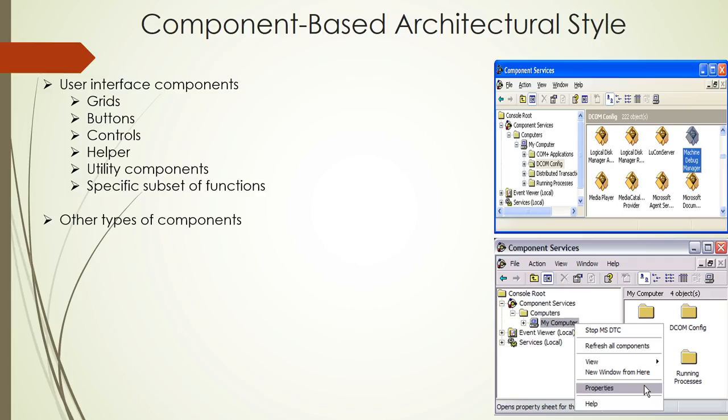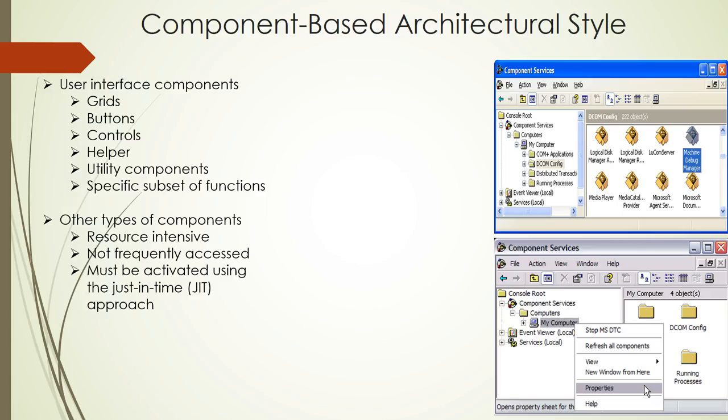Other common types of components are those that are resource intensive, not frequently accessed, and must be activated using the just-in-time or JIT approach, common in remoting or distributed component scenarios. And queued components whose method calls may be executed asynchronously using message queuing and store and forward.